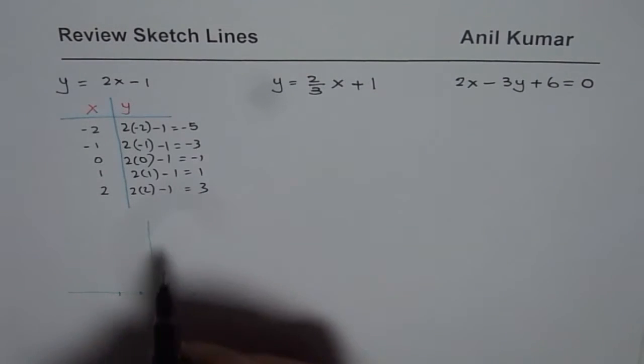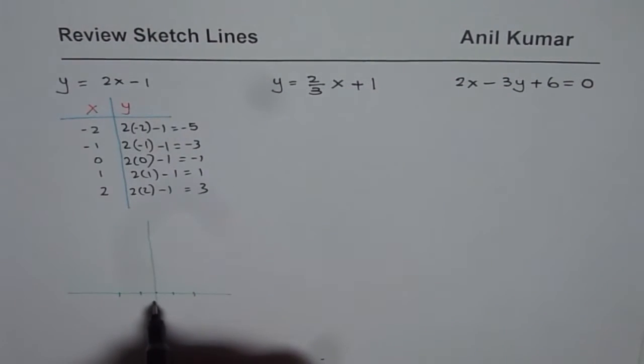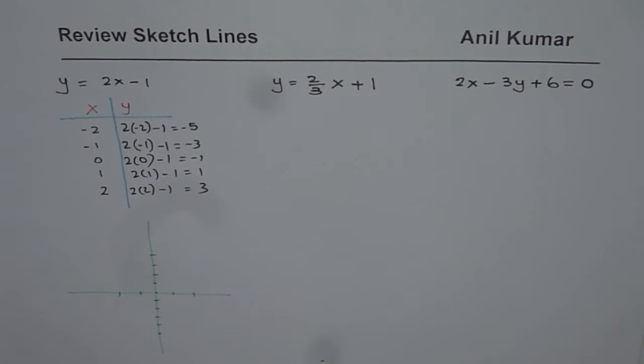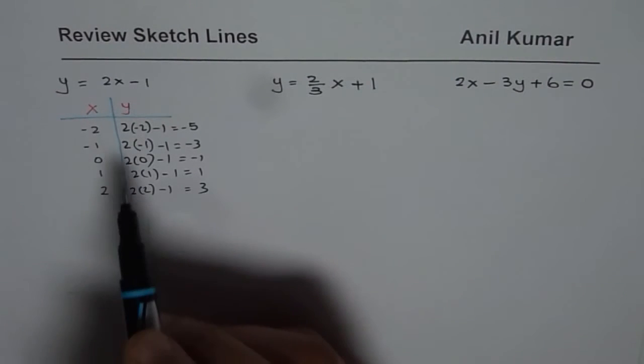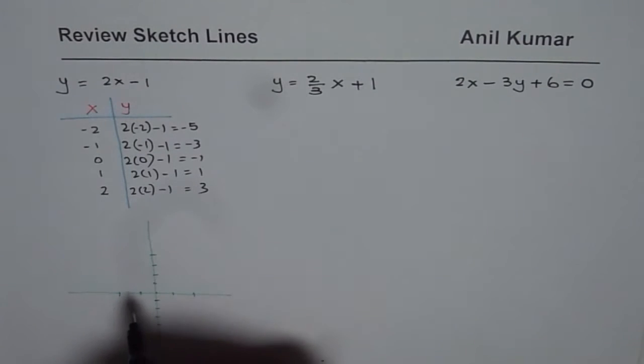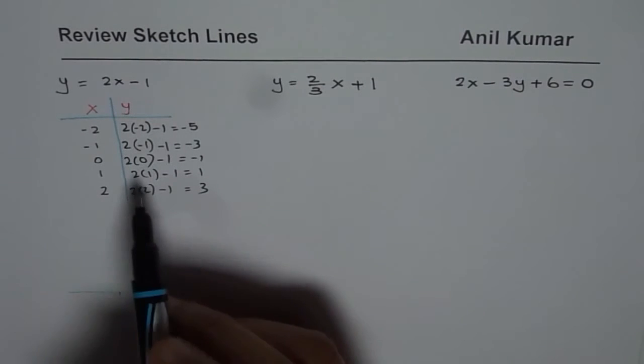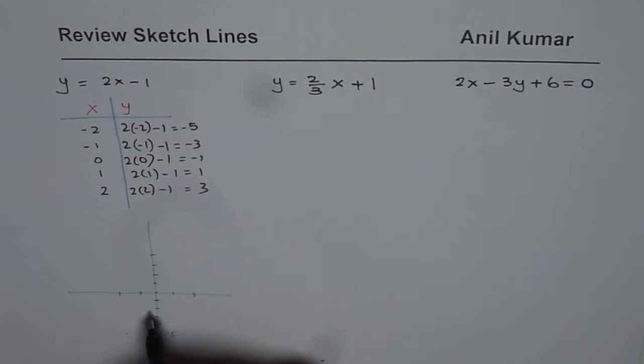The y values we see are going from minus 5 to 3. Just plot the points on the graph. At minus 2 we are looking at minus 5. So this is very far away. This is minus 5 for us, somewhere there. And then at minus 1 we are looking at minus 3.